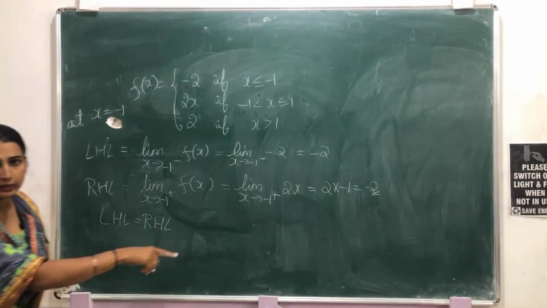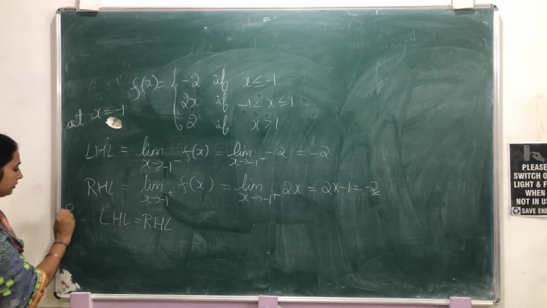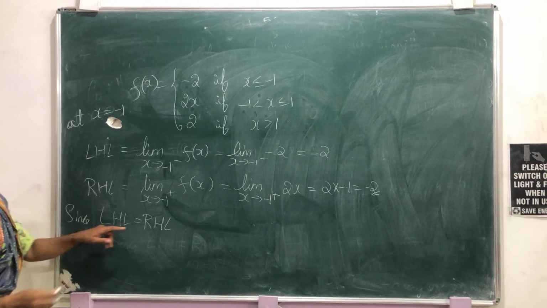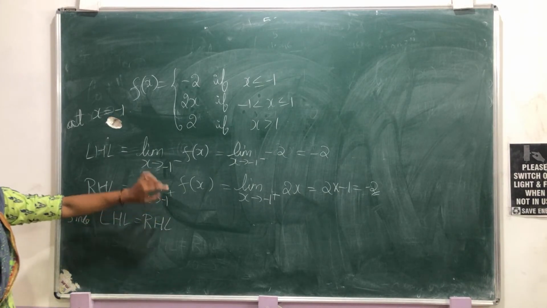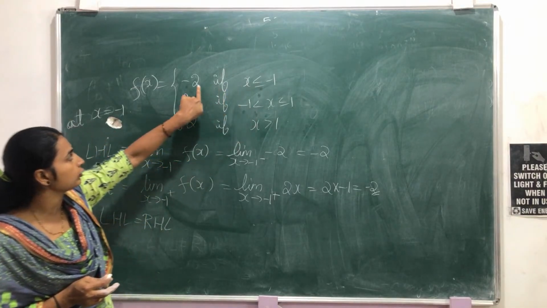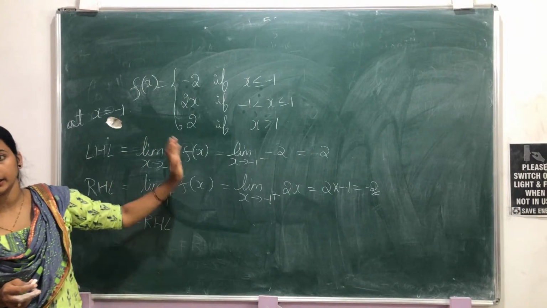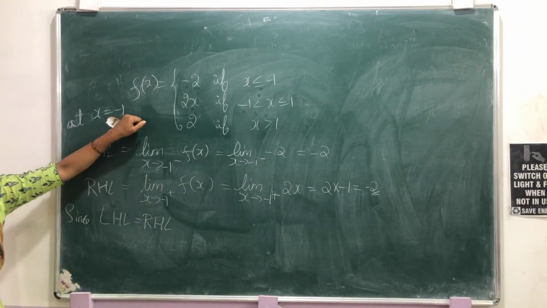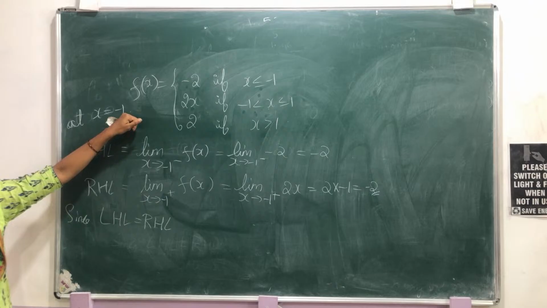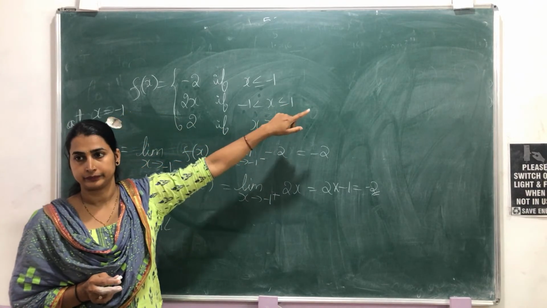Whether these two are equal? Since left hand limit equals right hand limit, which is equal to value at that point, minus 2, same thing you will get. Therefore, the function is continuous at x equal to minus 1. Is there any point of discontinuity? No, we need to check this also.